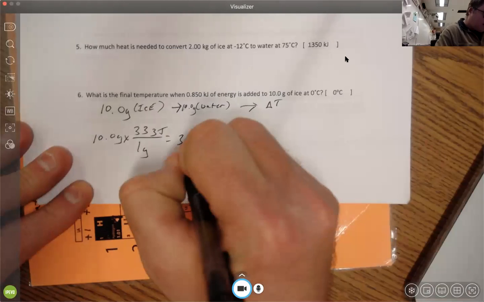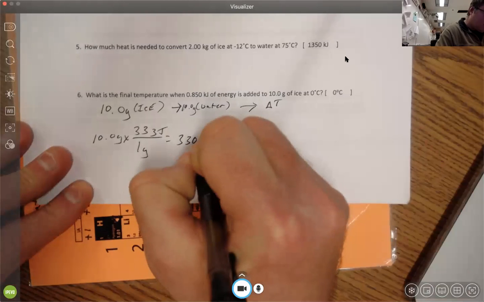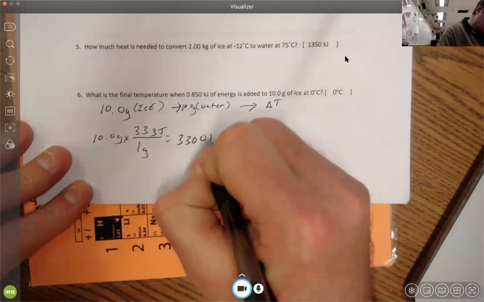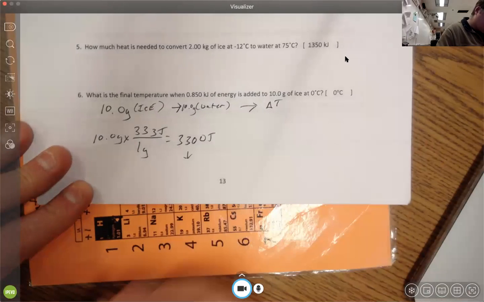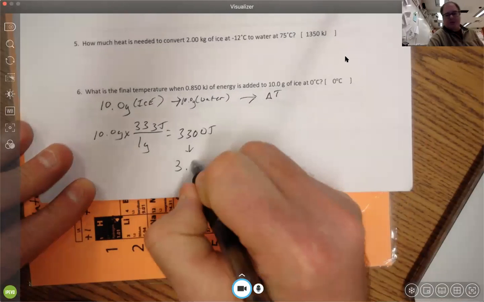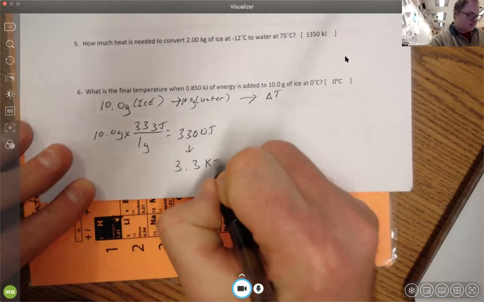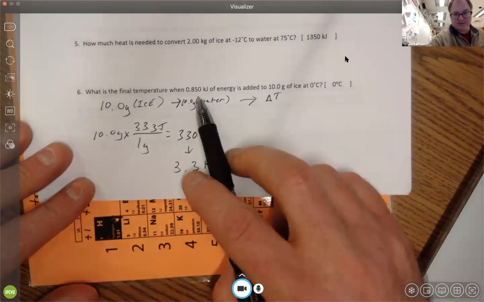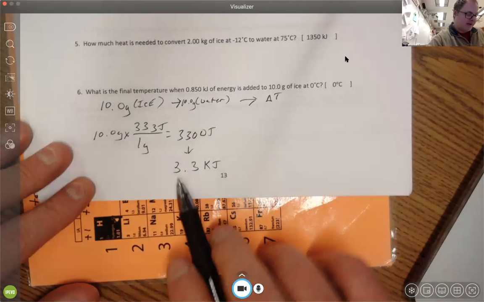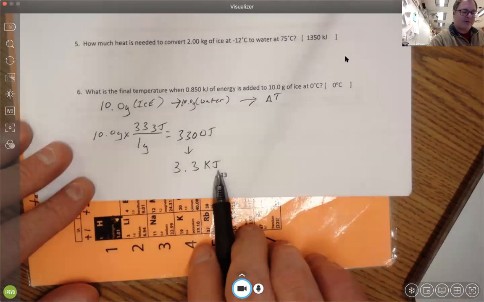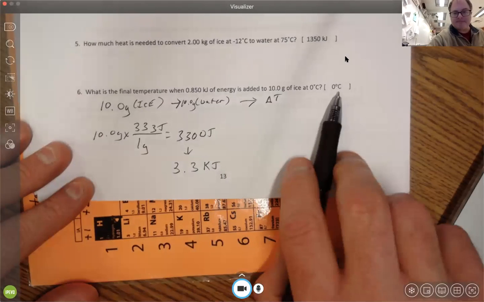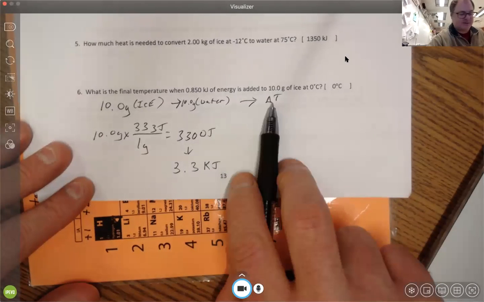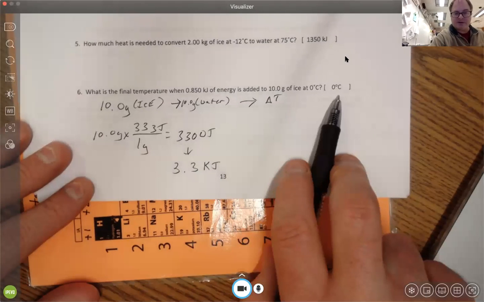So if we can do the conversion in our head, that would be 3.3 kilojoules. So this 0.850 kilojoules is not enough heat to even melt that. So we don't have to worry about these parts. That's not going above 0 degrees because you won't be able to melt all the ice.